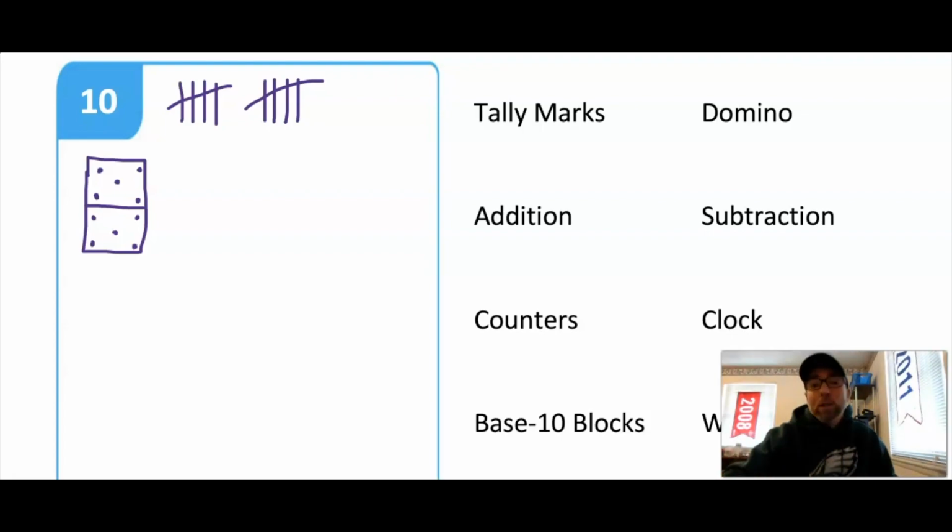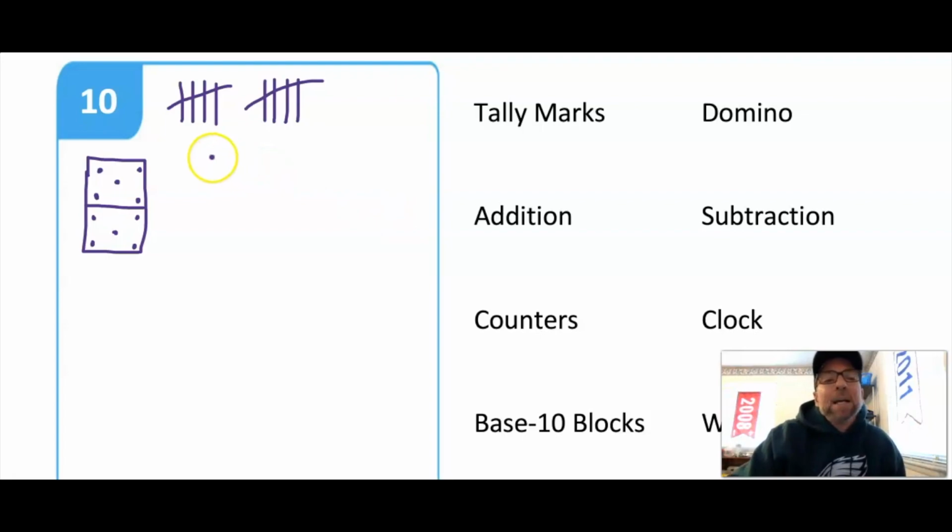Now I can also name the number 10 using addition facts. Now we know our friends of 10. So I want you to write down some friends of 10 in your name collection box. I'm going to write 3 plus 7.